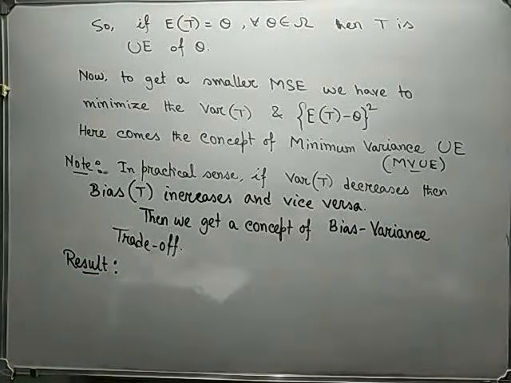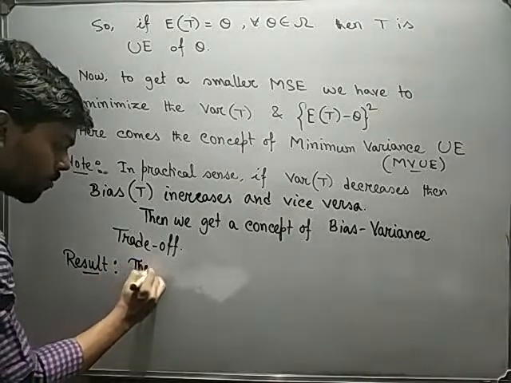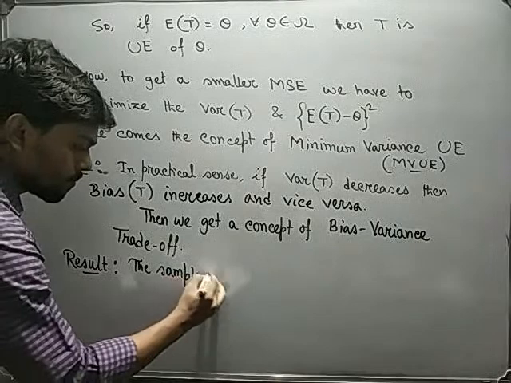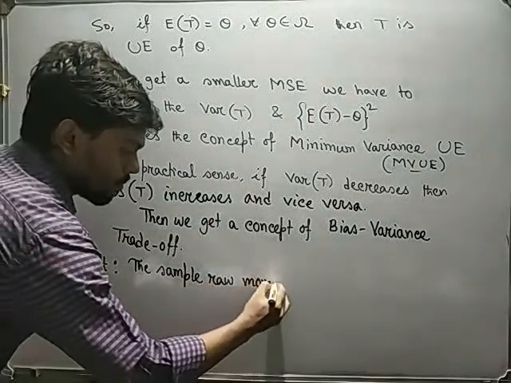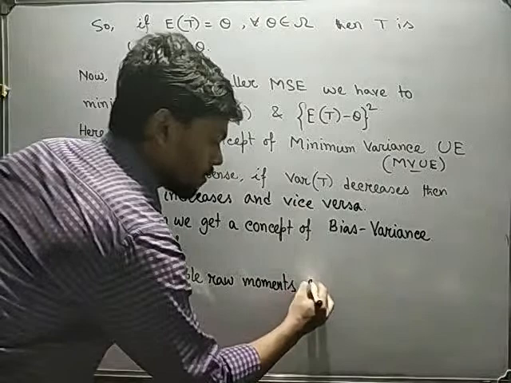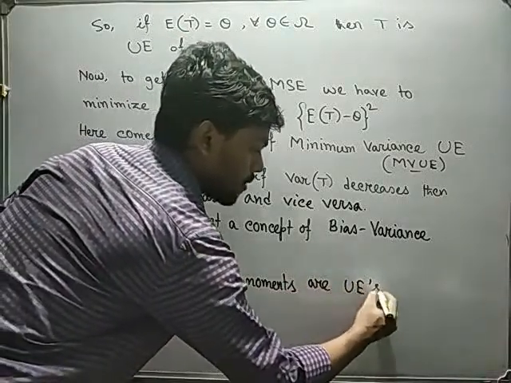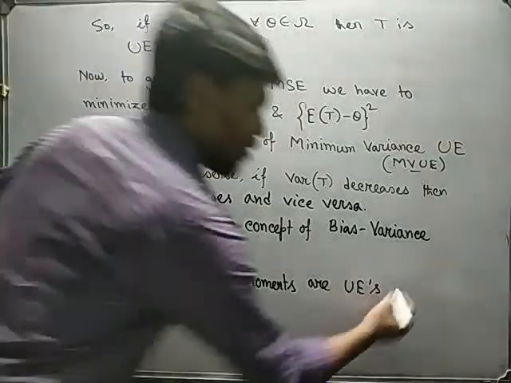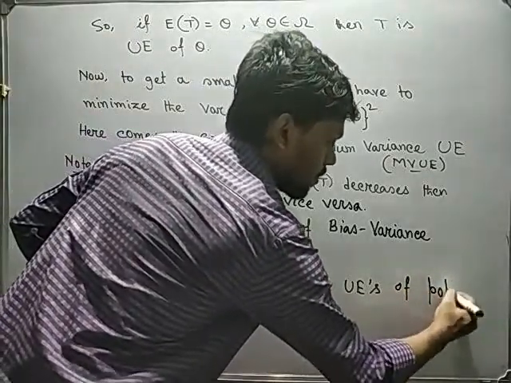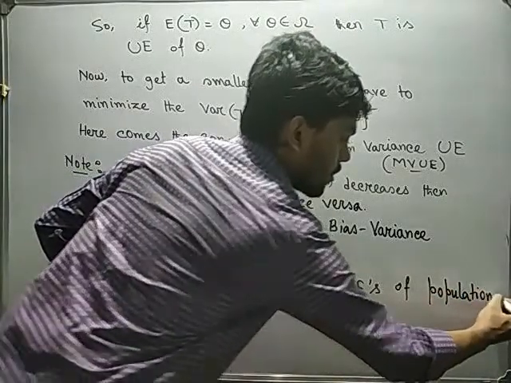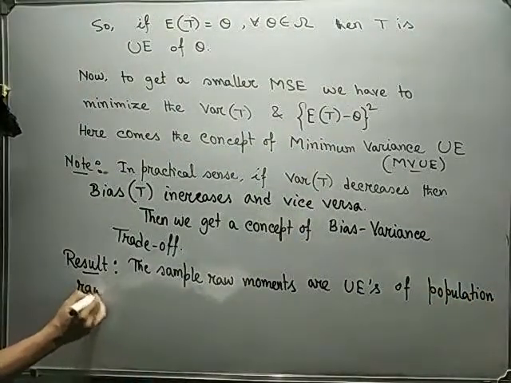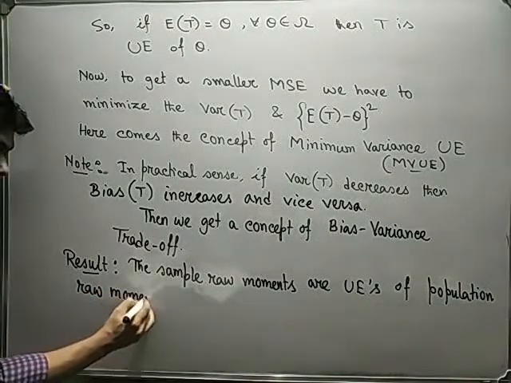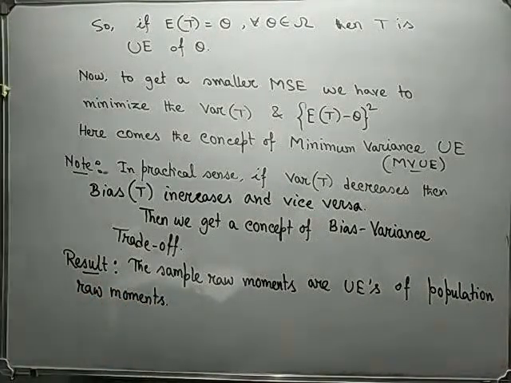The first result is: the sample raw moments are unbiased estimators of population raw moments. I think you all know the concept of raw moment.